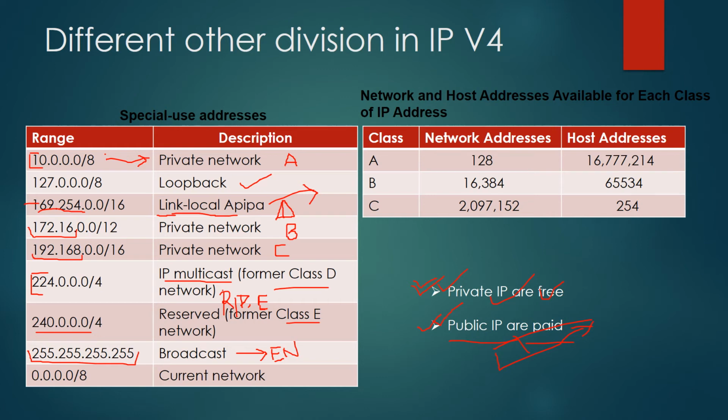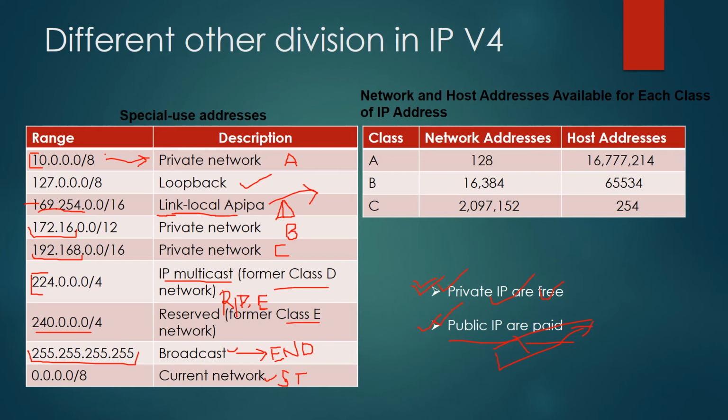Remember, if you are using a subnet, the end IP of that subnet will be the broadcast address, and in that subnet the first IP will be the network address. So the starting IP is the network address, the end IP is the broadcast address.